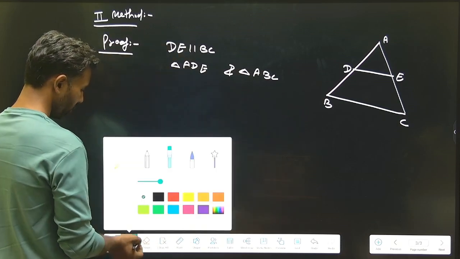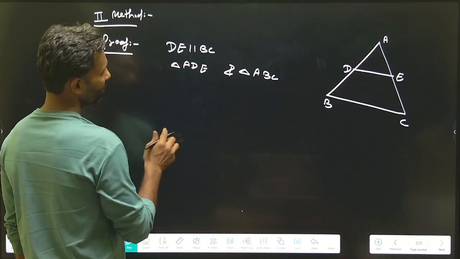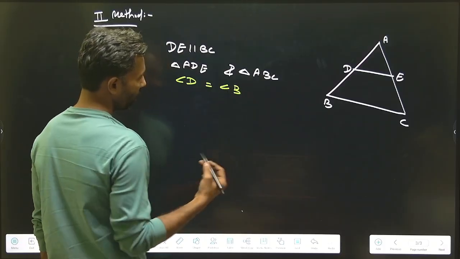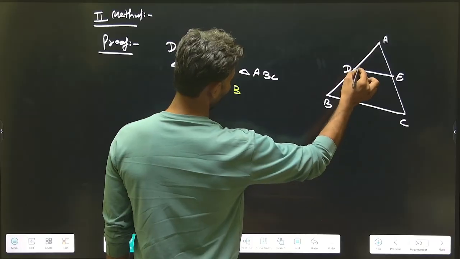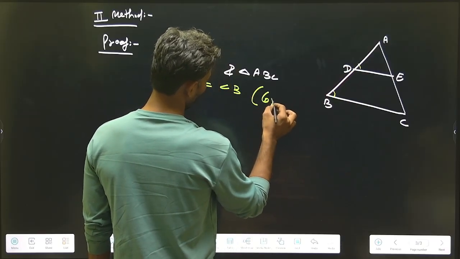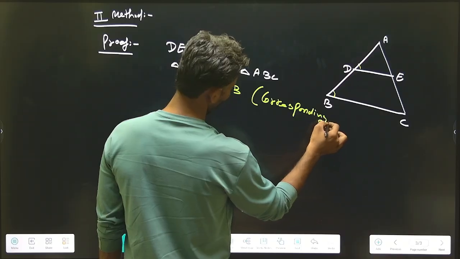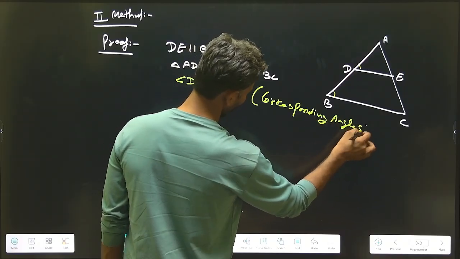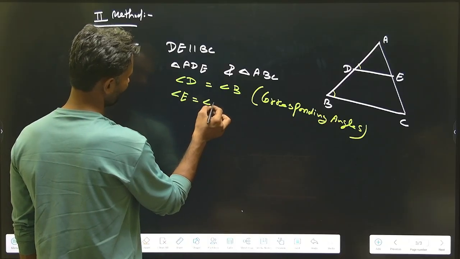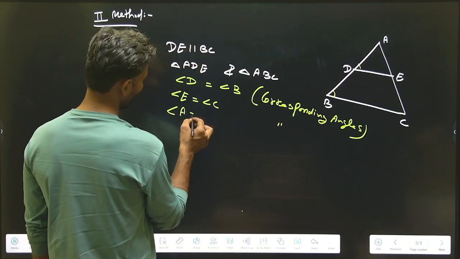Since DE is parallel to BC, angle D will be equal to angle B, because these two lines are parallel and these angles are corresponding angles. In the same way, angle E will be equal to angle C, and angle A equals angle A, which is common.